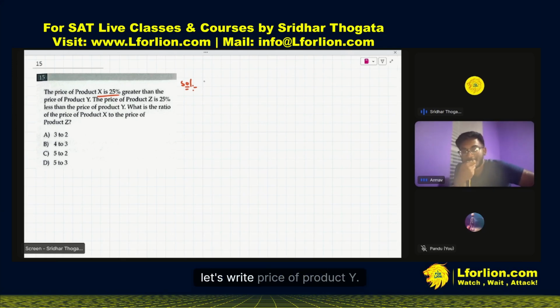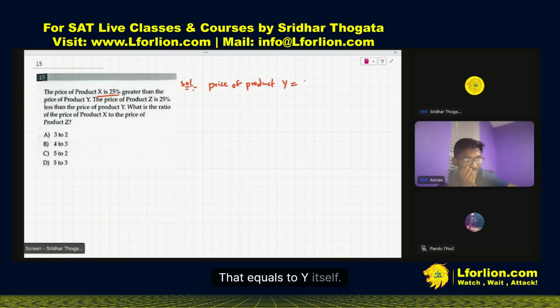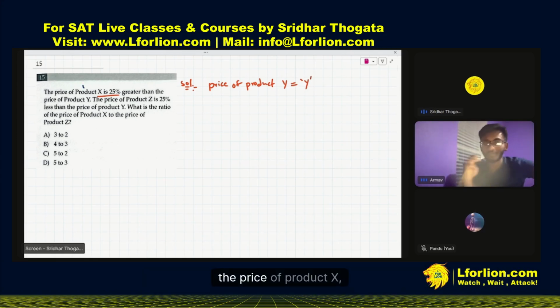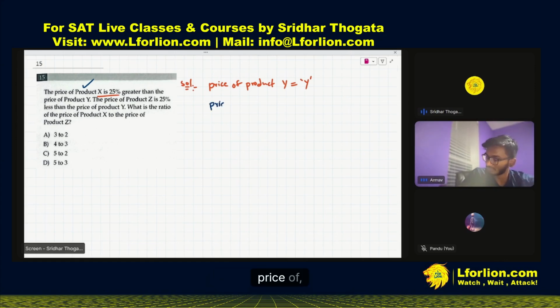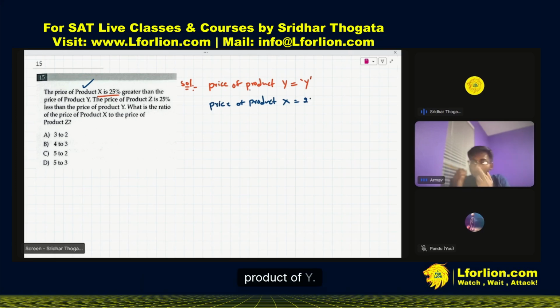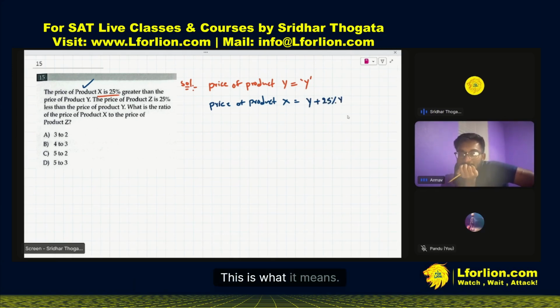So first of all, let's write the price of product Y. Let's write the price of product Y equals Y itself. And then what they said in the beginning here, the price of product X equals 25% greater than the price of product Y. Here, 25% greater than Y means Y plus 25% of Y. This is what it means.